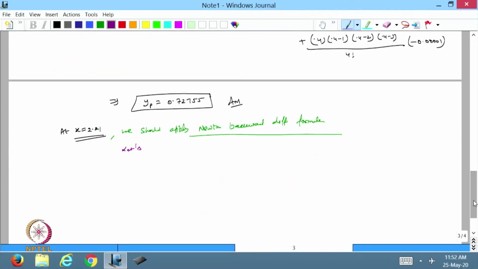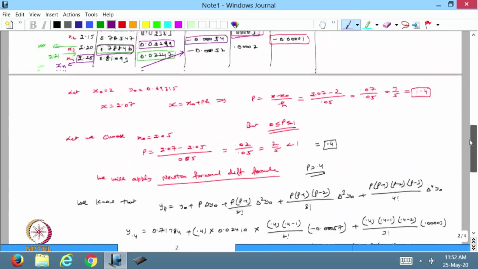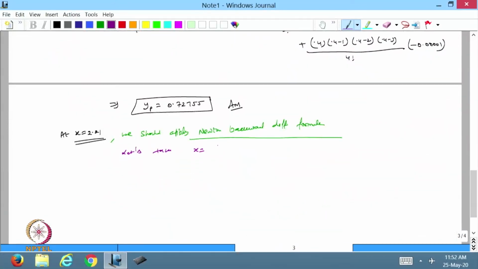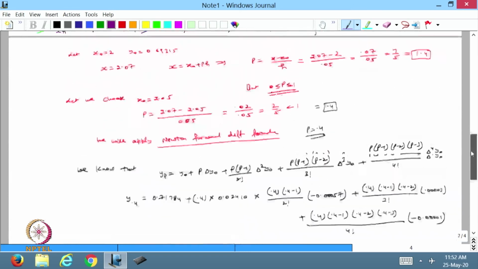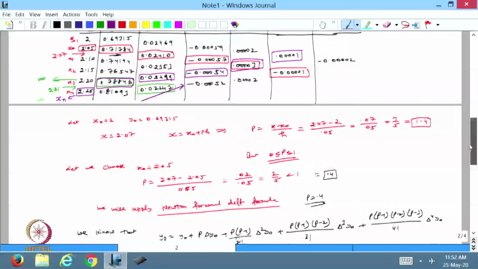Okay. So, let us take x equal to the last value 2.25 as xn, or in this case it is x6.